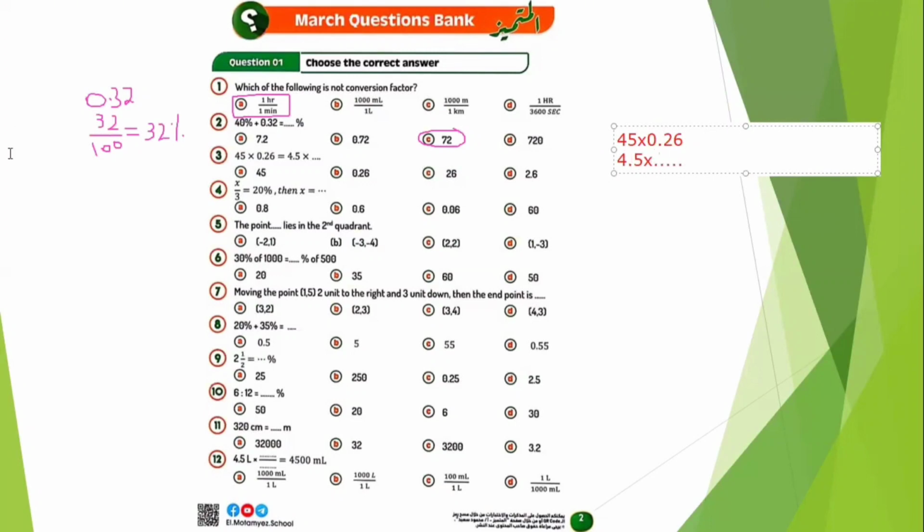The two answers must be equal. Why? Because there is an equal sign here, so this part must equal that part. What happened here? I divided by 10, moving the decimal point one step to the left to get 4.5. To keep the answer the same, just as I divided here, I will multiply by 10 here. When I multiply, we know the decimal point moves to the right; when I divide, it moves to the left. Multiply, so move it to the right, and it becomes 2.6. So this one.